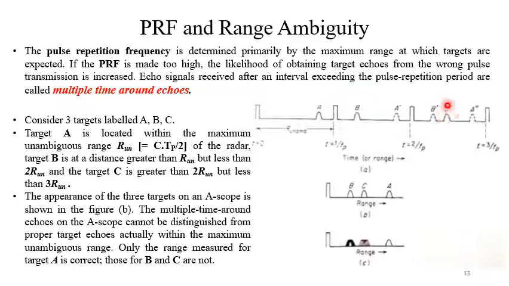Similarly, target C is at a far away distance and the radar is receiving its echo from 2 pulses earlier.